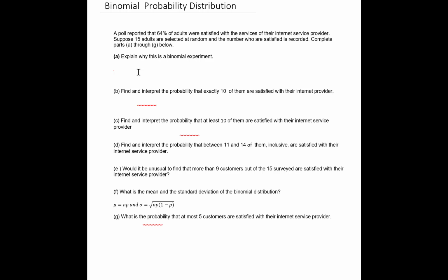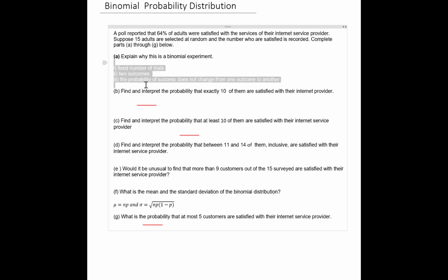Here the probability of success is always 64%. The chance that you ask a person whether they are satisfied with their internet service and they say they are satisfied is only 64%, and that does not change. So the three conditions are met, and thus this experiment is a binomial experiment.